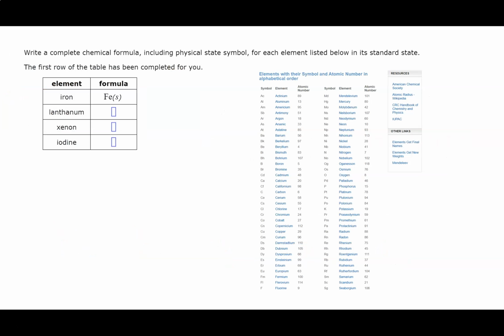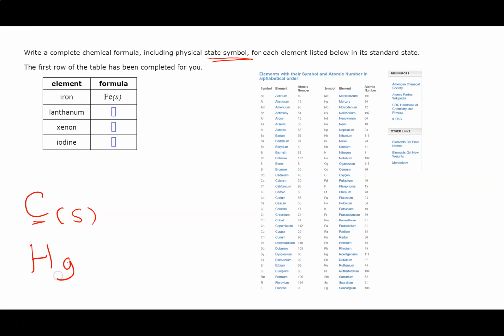Okay. Now this one says, write a complete chemical formula including the physical state symbol. So we need to talk about that. If the physical state is solid, we indicate that by putting parentheses s after the element symbol.